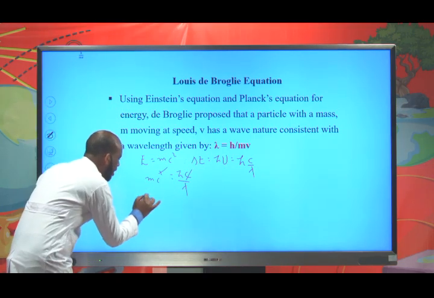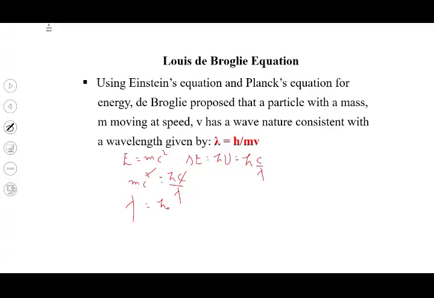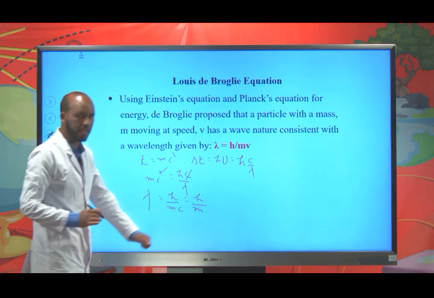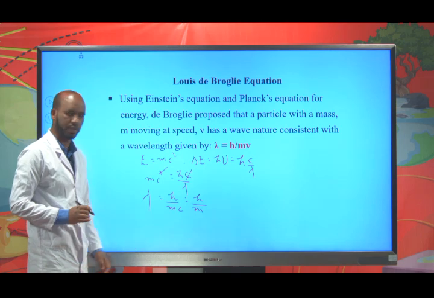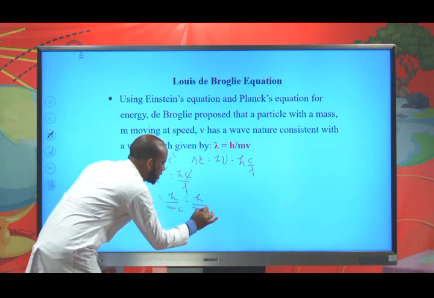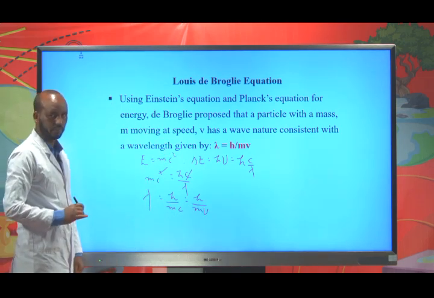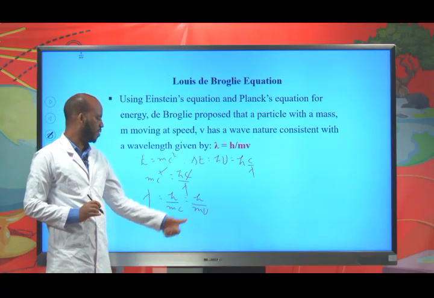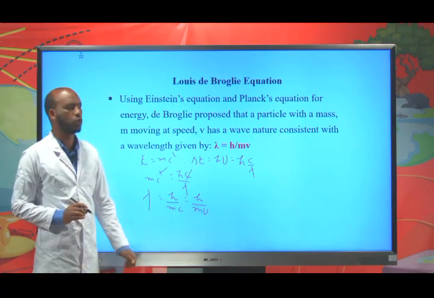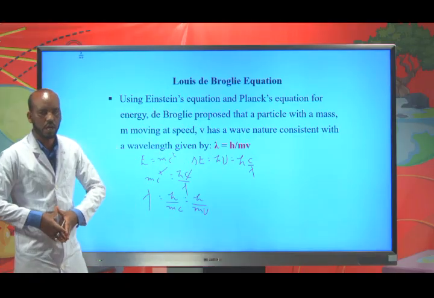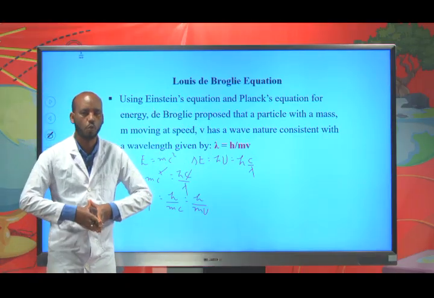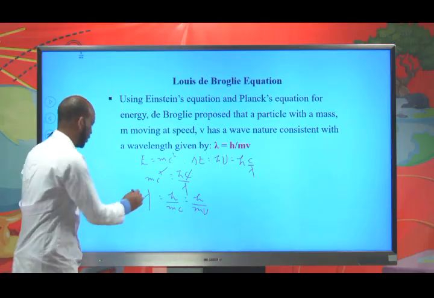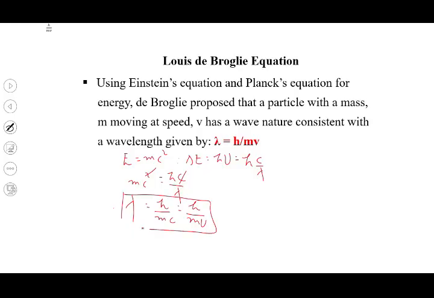Now the wavelength lambda equals h divided by m times c, which for a particle moving with a speed v, c becomes v: m times v. Lambda equals h divided by mass times velocity. This is de Broglie's equation, which enables us to calculate wavelengths of particles.